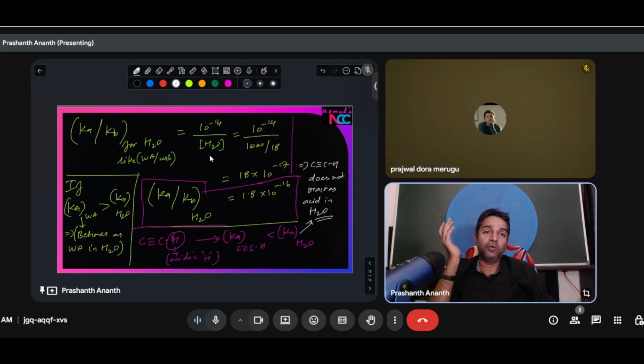So it is a weaker acid than water. Because it's a weaker acid than water, it does not react with OH minus. The organic chemistry interpretation is that it does not react with OH minus.